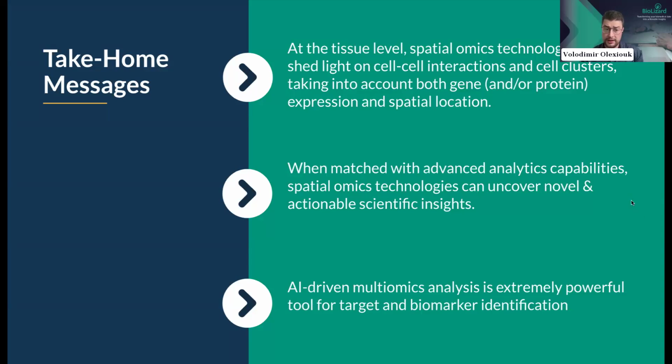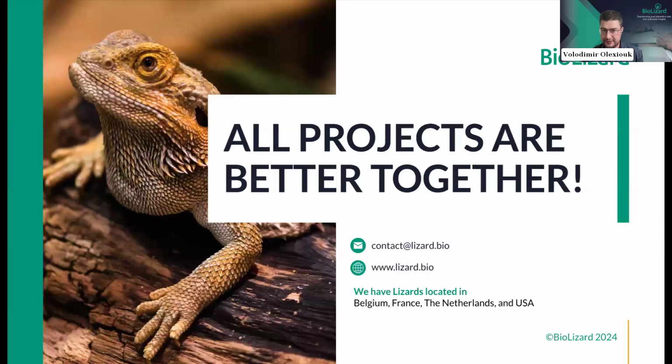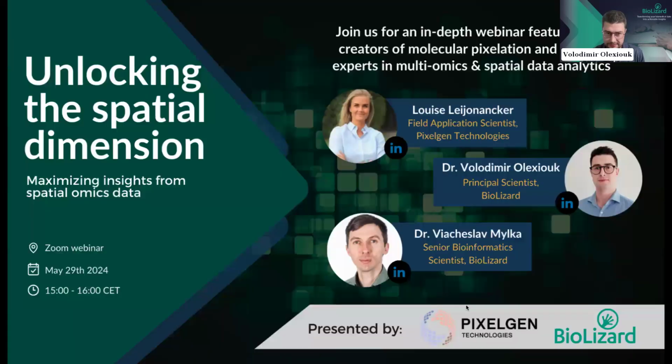And thirdly, with multi-omics, there is a new potential now with spatial to include it and bring a better and more complete picture of what is biologically happening within different disease models. And with this, I would like to conclude the presentation and receive questions for both Slava, myself, and PixelChin.